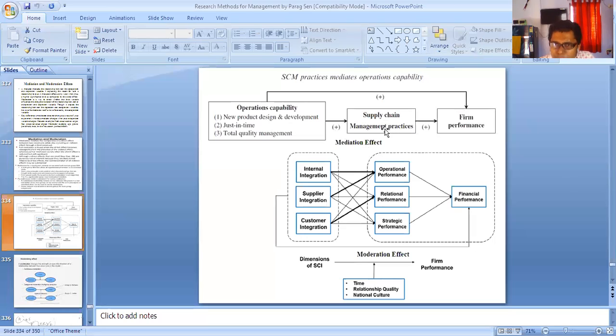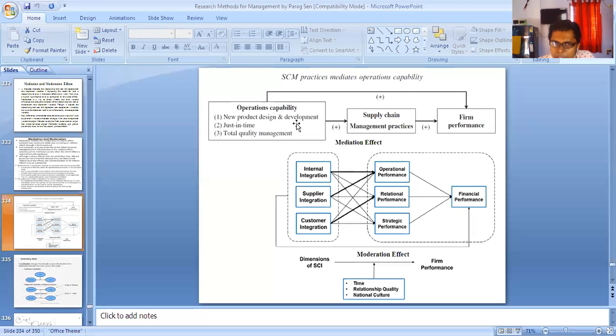You can very easily understand that, suppose mediation means it will mediate the relationship. Okay. But if there is no meaningful effect of this mediator, okay, then there is no importance of this thing.